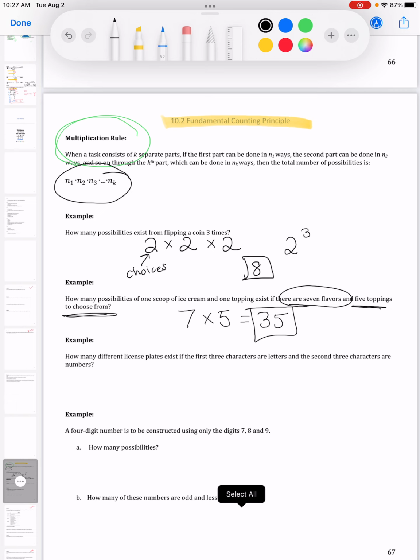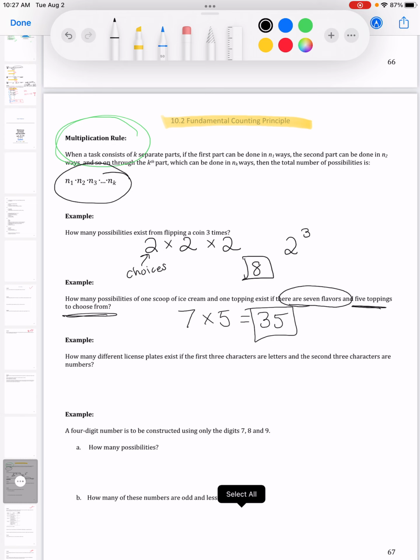Once we get into 10.3, there are going to be problems that seem very similar, but they're different. There's one way to work them, so you might get them mixed up. It really helps if I see work so I can give partial credit. If you just have a wrong answer down there, I don't know what you might have typed in to get that wrong answer. So definitely take the time to show the work. It doesn't take very long to write 7 times 5 out on your paper.